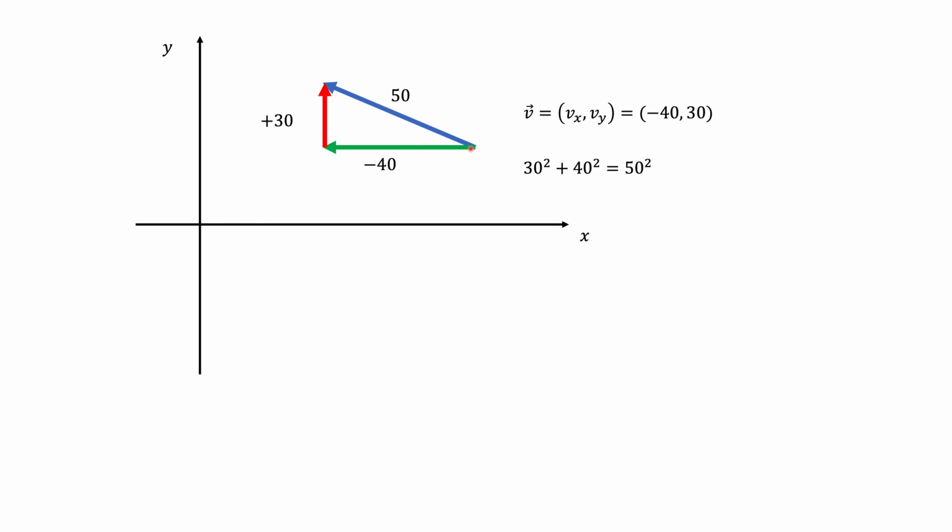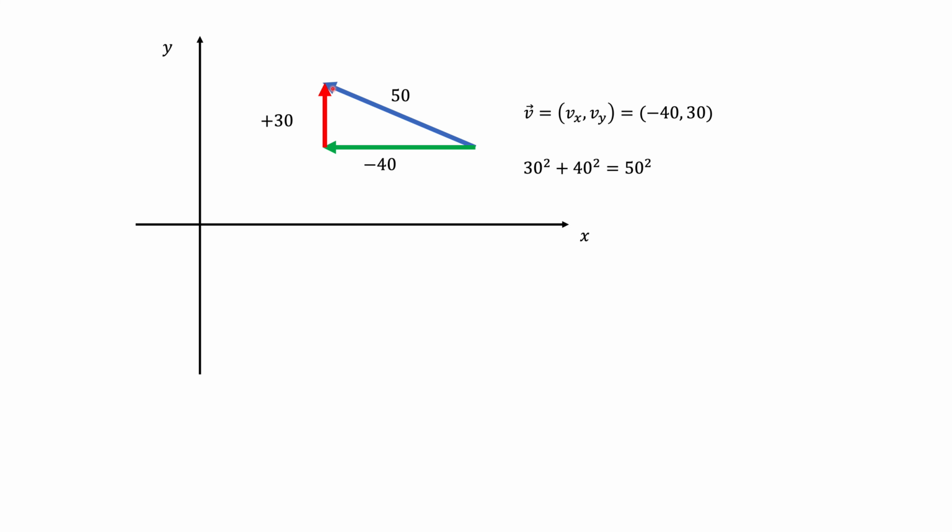That's because what we have here is a right triangle, and 30, 40, and 50 represent sides of the right triangle. The sides of a right triangle have to satisfy the Pythagorean theorem, which says that this side squared plus this side squared should be equal to this side squared.